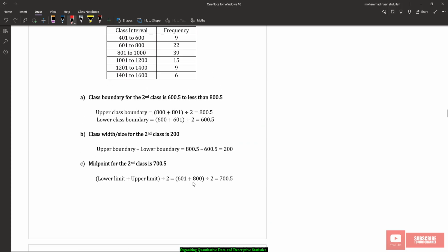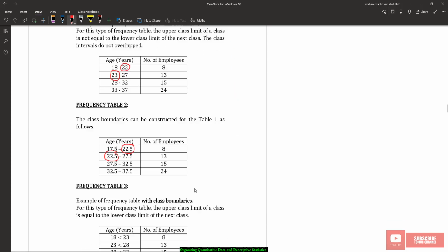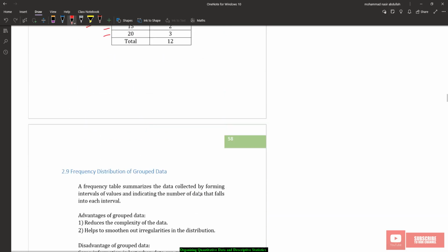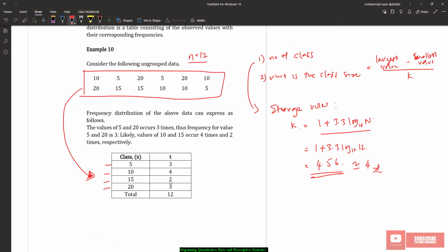Okay, so you just need to know how to construct a frequency table from ungrouped data. You don't need to construct in this subject, we just need to know, right? First, we need to determine the number of classes, using Sturges' rule or log n divided by log 2.